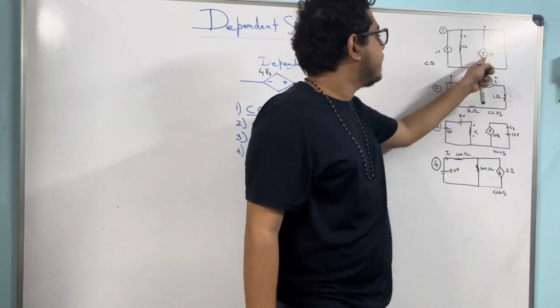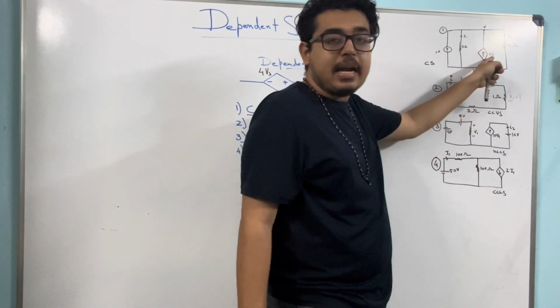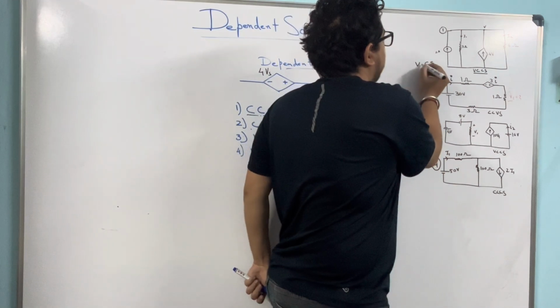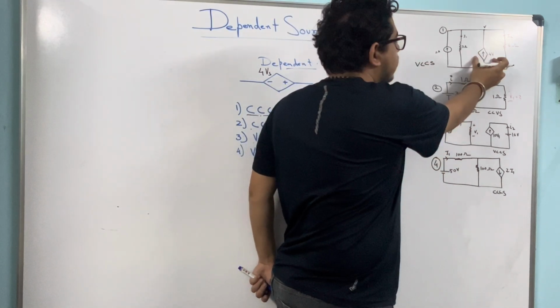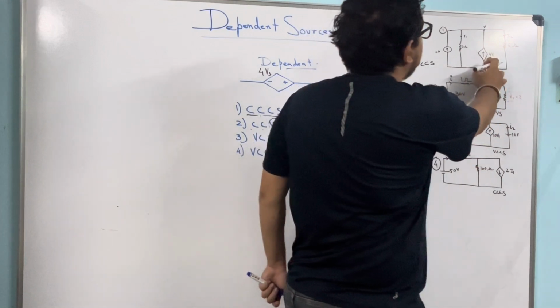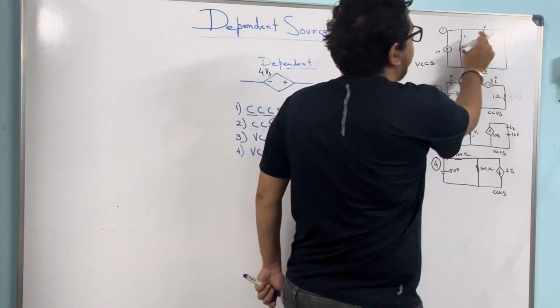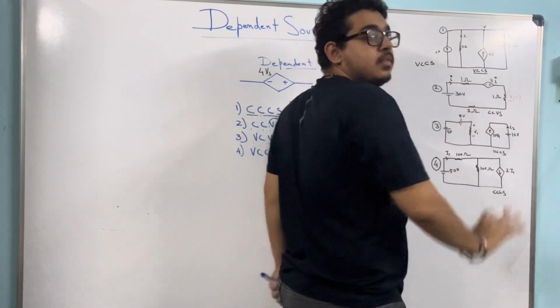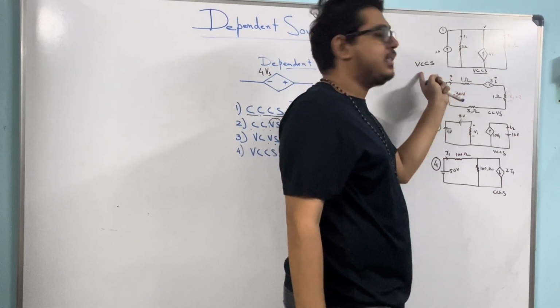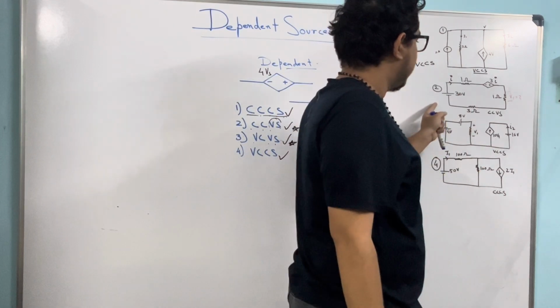So the magnitude of the current is depending on the voltage. So it is a voltage controlled current source. It's a current source, but it depends on a voltage. What voltage? This voltage is this V. The potential at this point is V. So this current is depending on this potential. So this is VCCS.